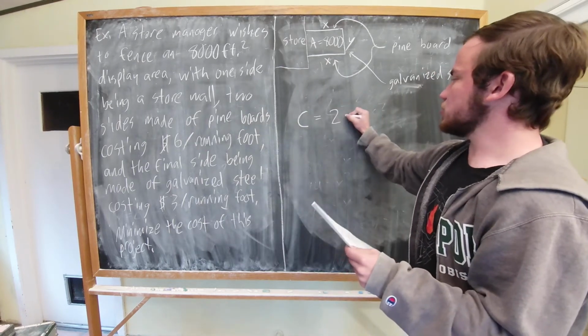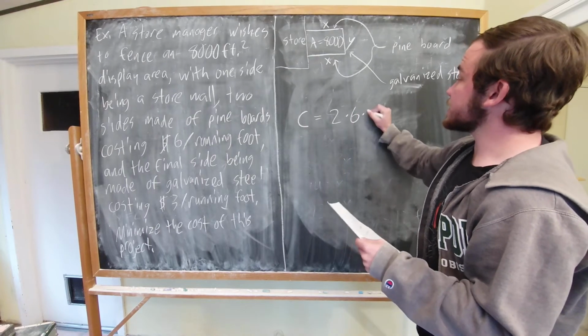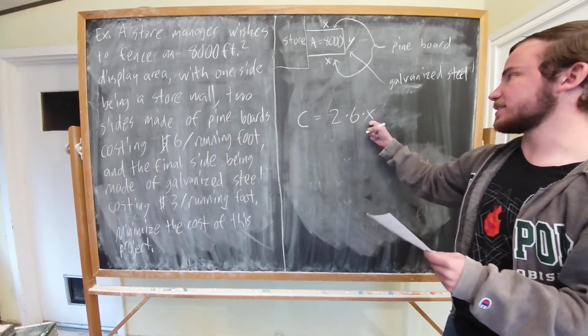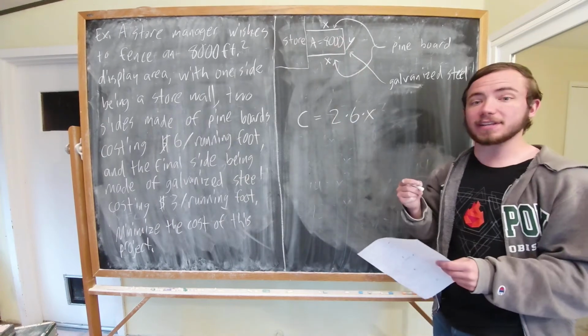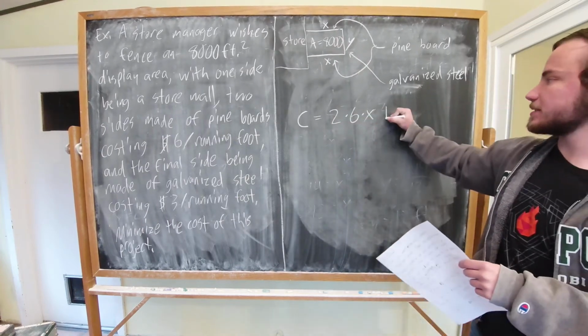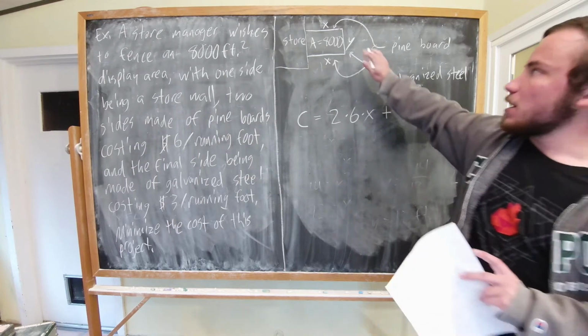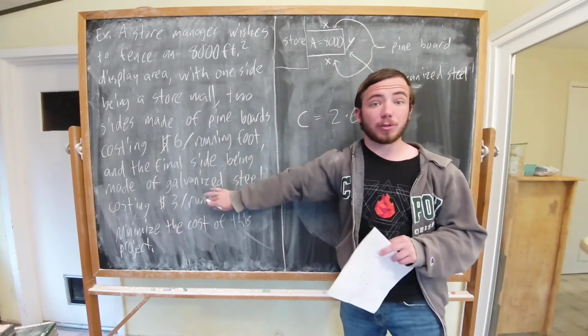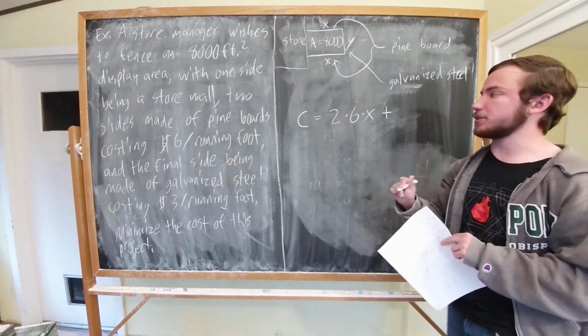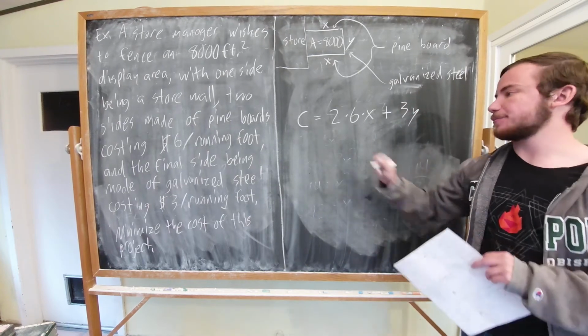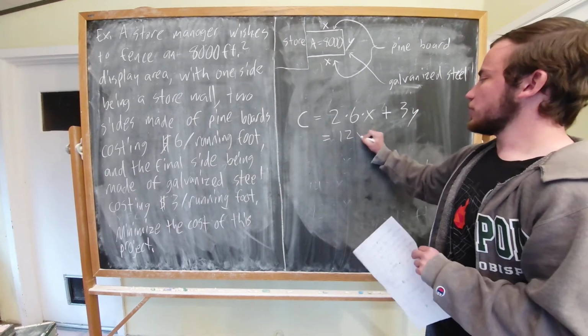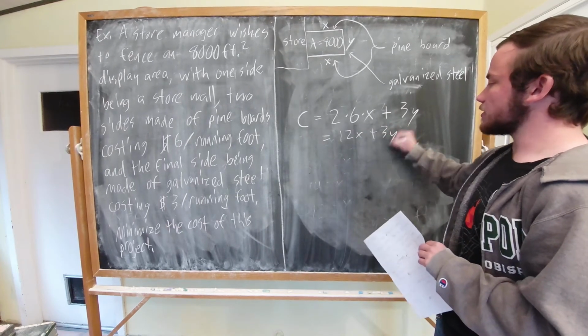So C will be 2 times 6 times X, right? That's the cost of that one side, and there's 2 of those sides. So 2 times 6 times X, plus our steel side costs $3 per running foot, and we only have one steel side. So we have plus 3y. In other words, 12x plus 3y.